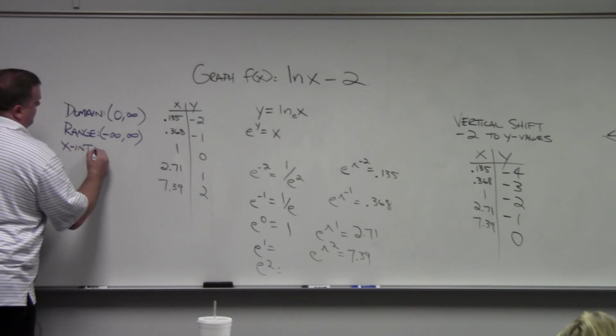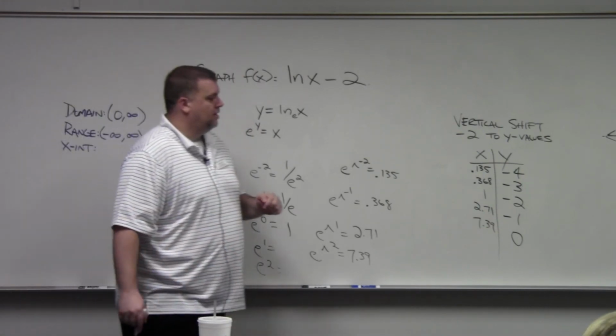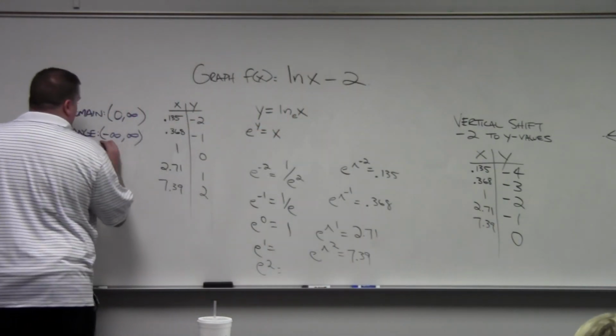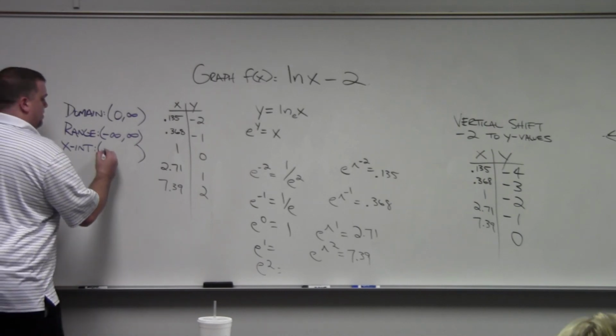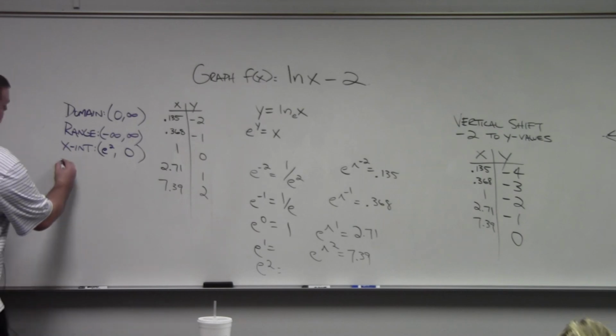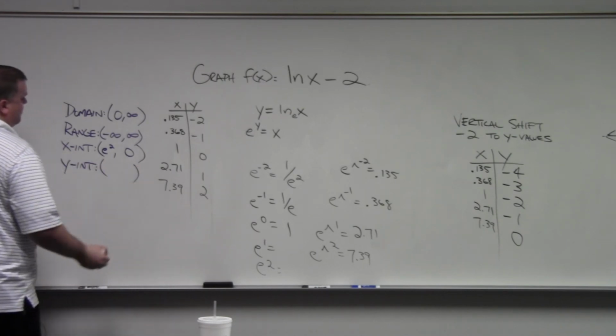X-intercept. Do we have an x-intercept? Yeah, we have a y value of 0 here. Yeah, 7.39, which was e squared, right? So e squared, 0. Y-intercept. Did we have a y-intercept?